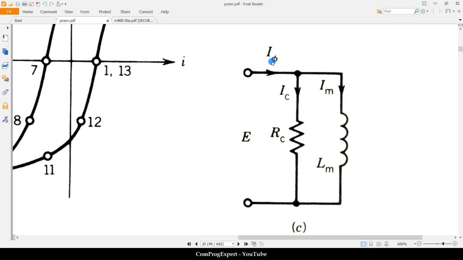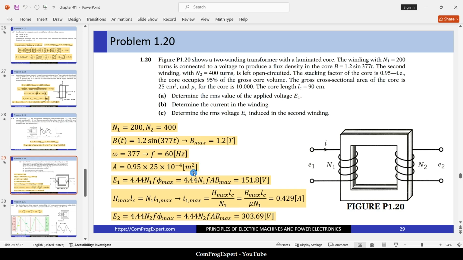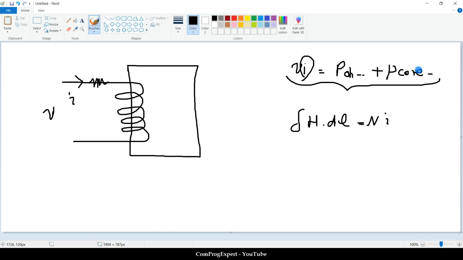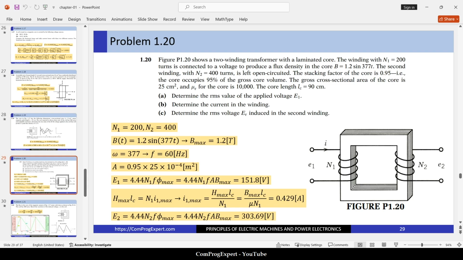So we should include this term. So here is part B, determine the current in the winding. We consider these assumptions, we neglect this, and just equivalently we calculate the maximum current counterpart to H max.